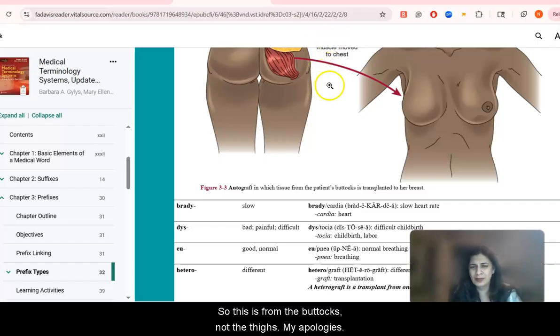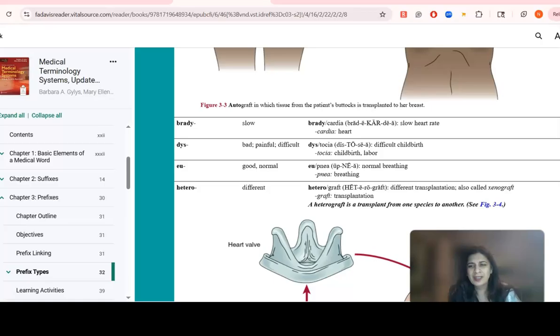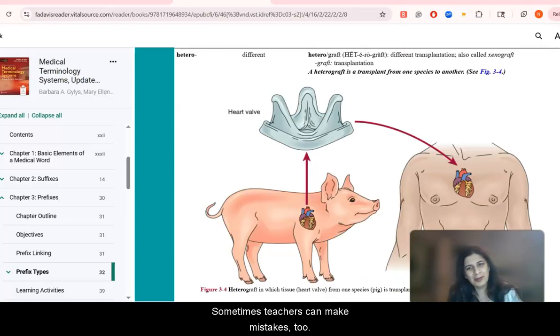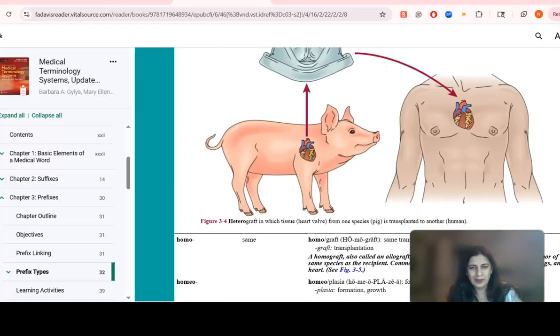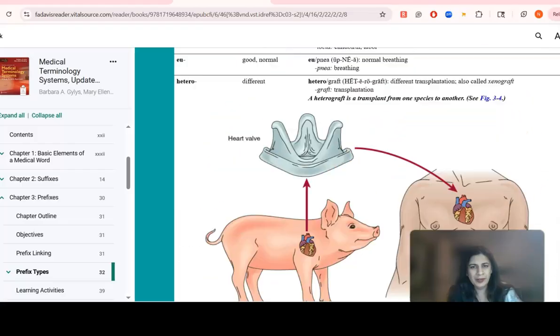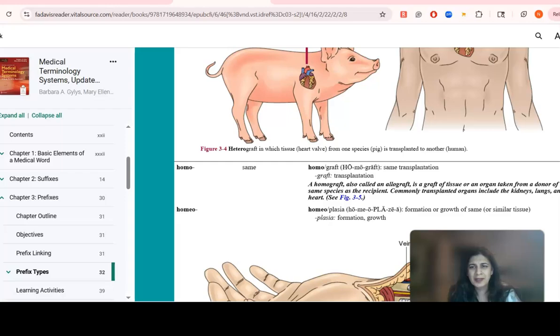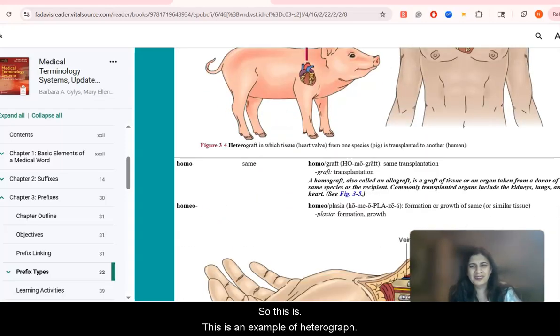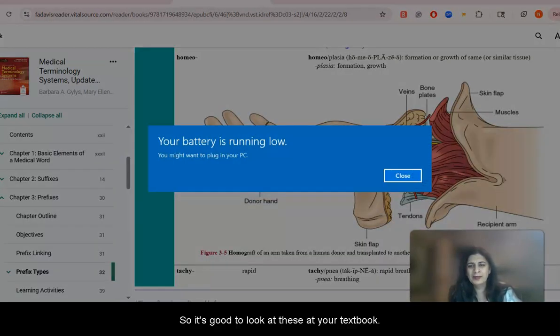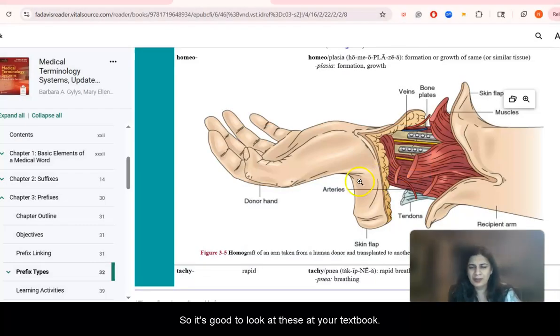So this is from the buttocks, not the thighs. My apologies. Sometimes teachers can make mistakes too. So I'm glad we read it together. And this is an example of a heterograft. It's good to look at these in your textbook, so it reinforces the content.